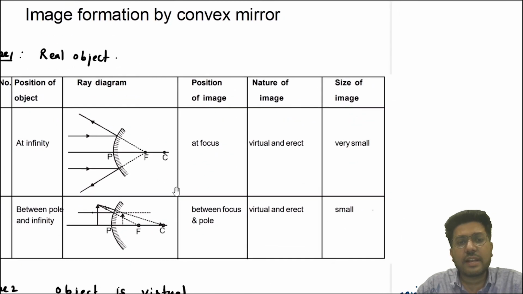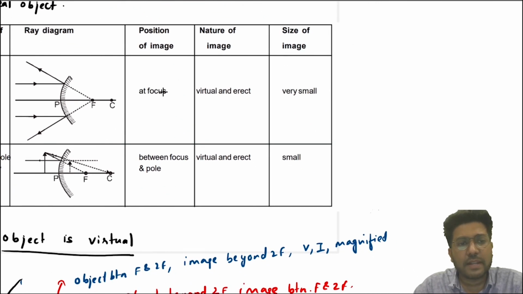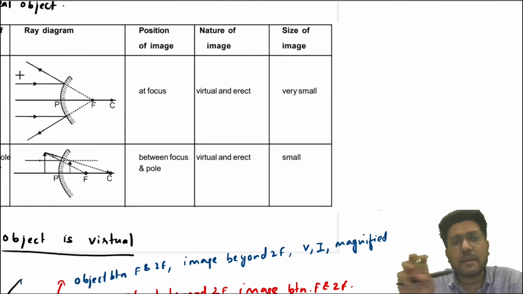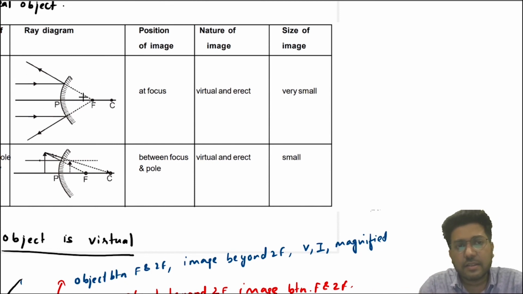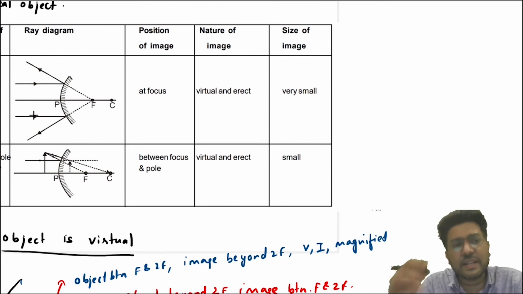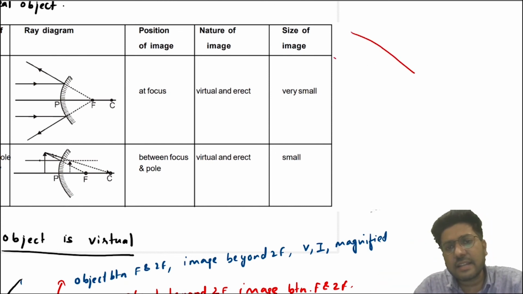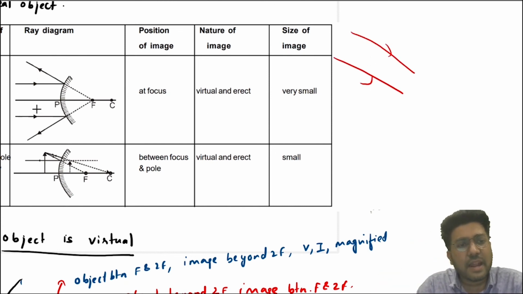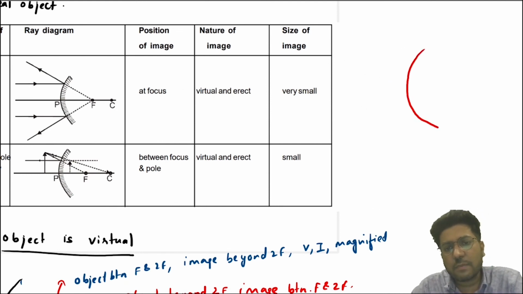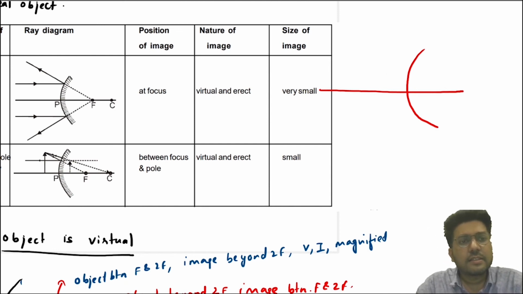Let us draw the ray diagram when the image is formed at the focal plane, because it is not necessary that a parallel beam of light which is coming is parallel to the principal axis. Okay, from infinity, parallel rays can come and it is not necessarily parallel to the principal axis. So if the rays are not parallel to the principal axis, in that case what will you say? See, in that case let us draw the ray diagram.